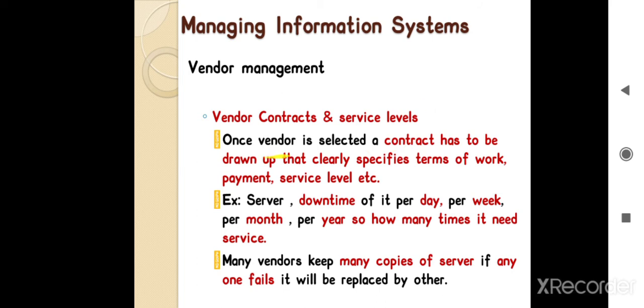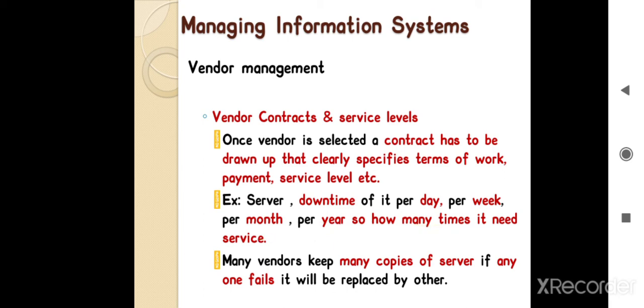Once the vendor is selected, a contract has to be drawn up, which clearly specifies the terms of work, payment, service level, etc. Suppose we are taking a server, say a bank server or another type of server. If that vendor is going to provide a particular server, then we have to ask about its downtime per day, per week, per month, per year, and how often it needs to be serviced.